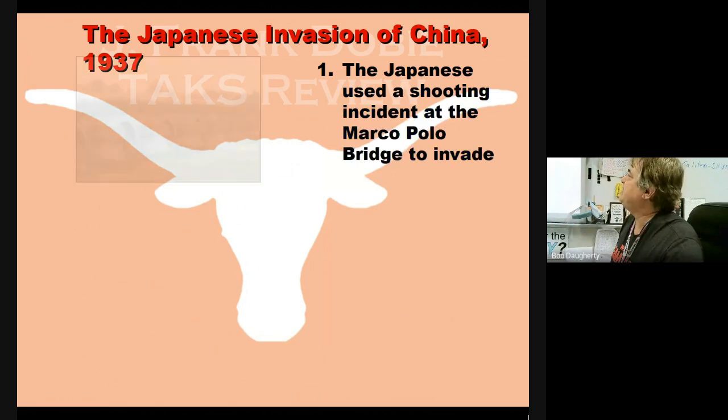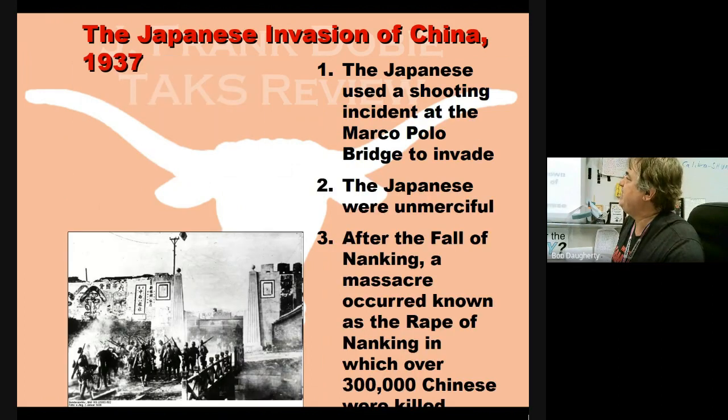Now, the Japanese eventually went ahead and invaded more of China. And y'all, the Germans are often remembered justifiably for the horrible things that they did, especially to the Jewish people and to the Russians. But what the Japanese did to the Chinese is absolutely awful.